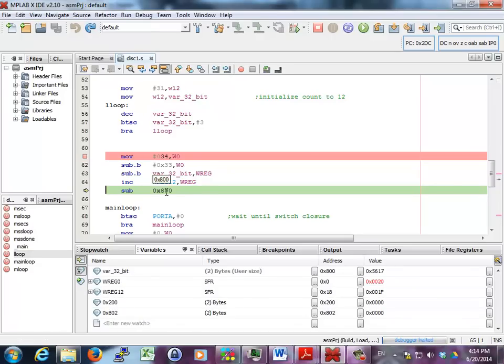Now in your code you might have 0x200, and if you want to play around with these numbers, then feel free to do it, but essentially the original version of it had 800, which is the starting address for this var 32 bit. And this is essentially to show you that yes, you could have sub f.